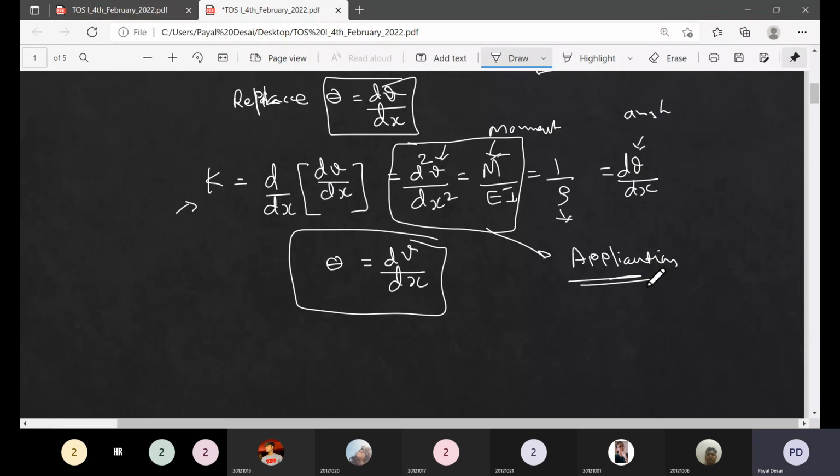Now, one more thing: I also need to relate shear force, moment, and loading. How do I relate them? For that, I think I will go back to the slide again.